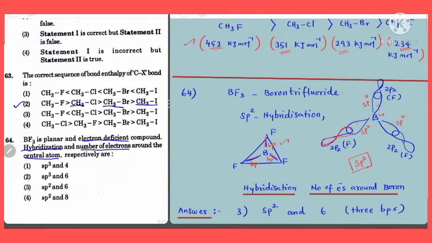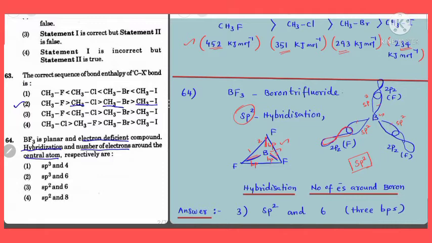So the nature of hybridization in boron trifluoride is sp2. For the number of electrons around the central atom, this is the central atom boron. This boron is surrounded by 3 bond pairs, isn't it? This is one, this is two, this is the third bond pair.